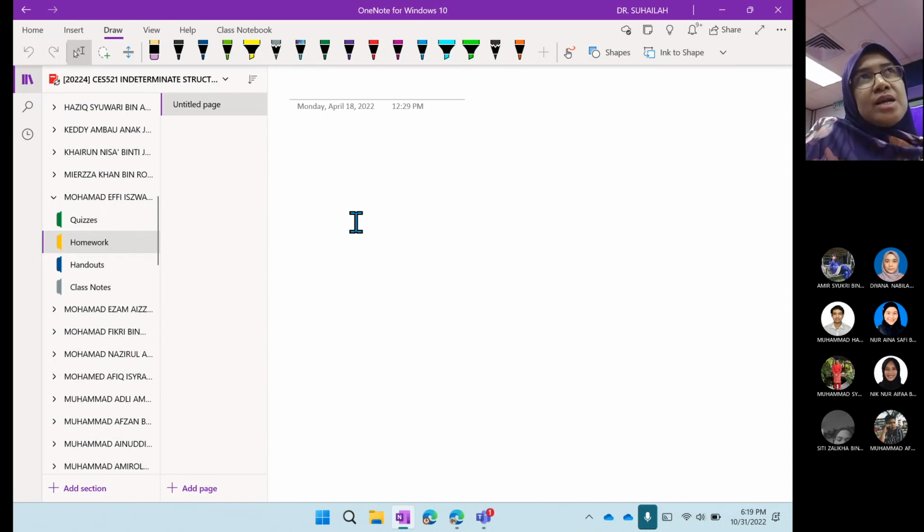Saya ada buat example yang saya tunjuk the other way to calculate remaining reaction is not by using equilibrium equation, because we have two options. We can calculate remaining 3 unknown reaction using equilibrium equation macam biasa, or we can also use principle of superposition, which is easier than using equilibrium equation.